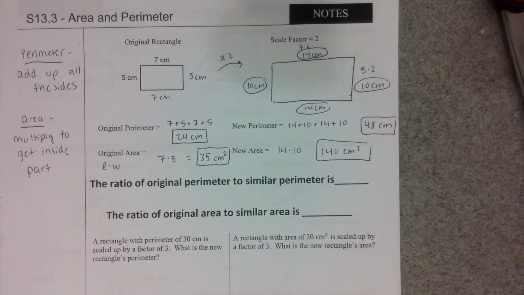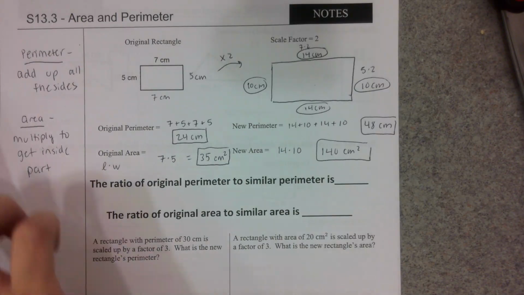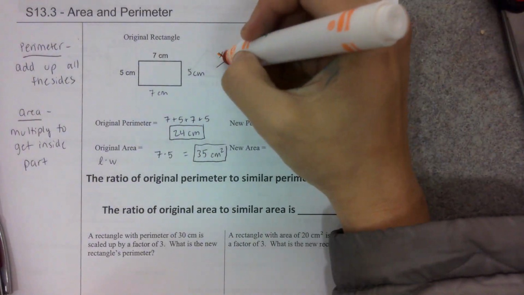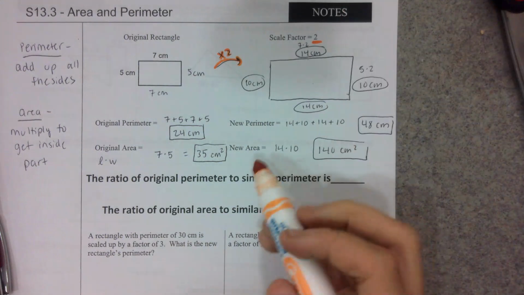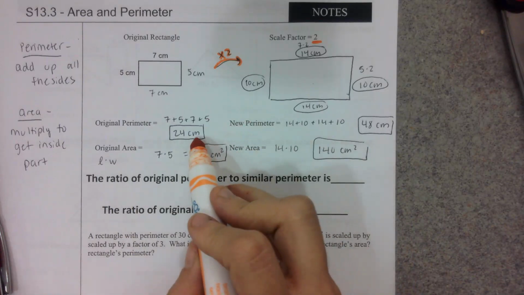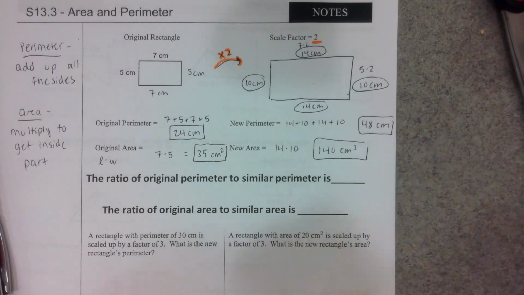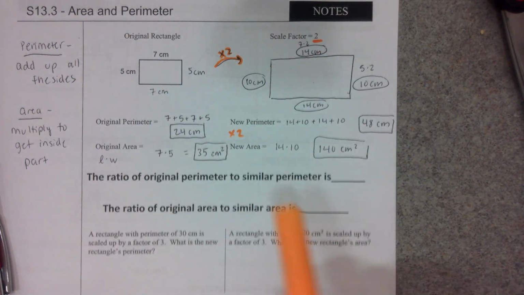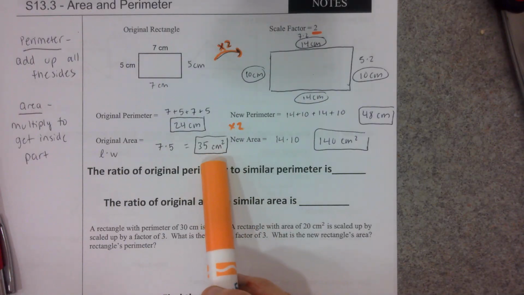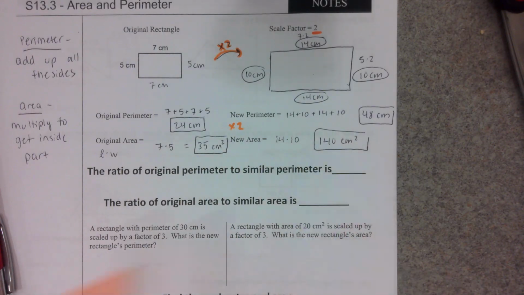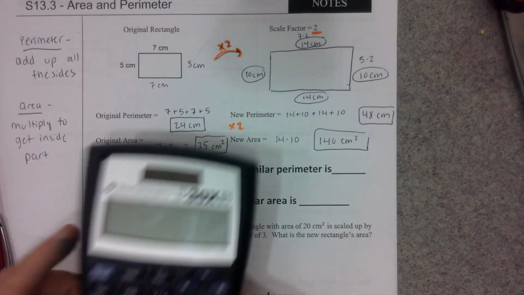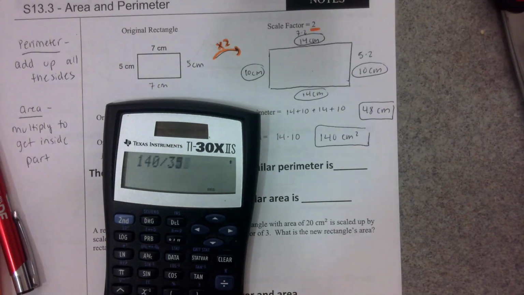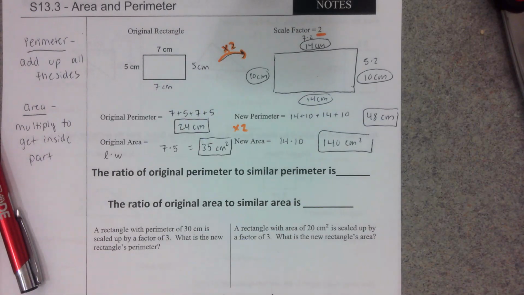Okay, so something to look at. When we went with our scale factor of 2, if we look at our perimeter, it went from 24 to 48. So that was times 2. But if we look at our original area, we went from 35 to 140. 140 divided by 35 is 4.